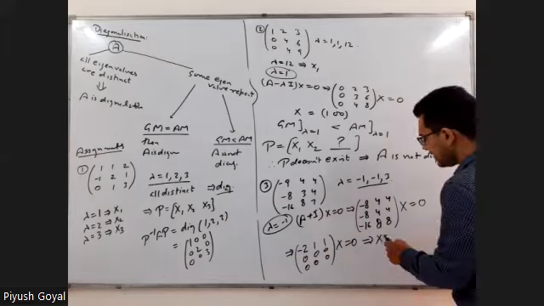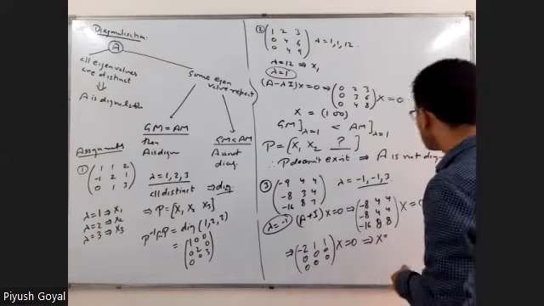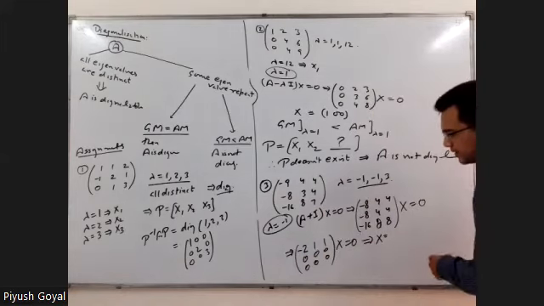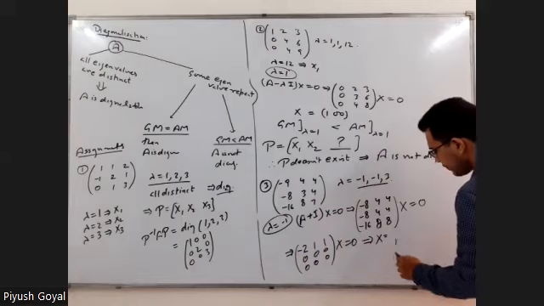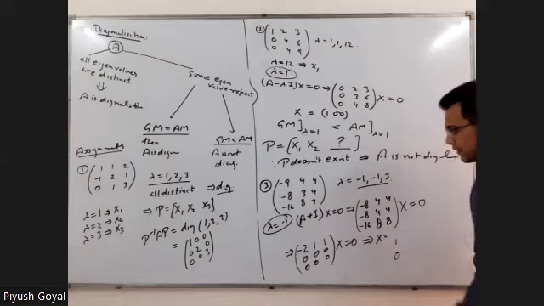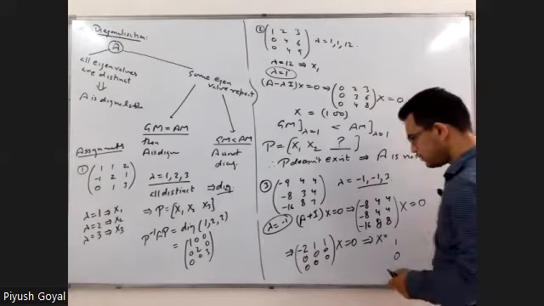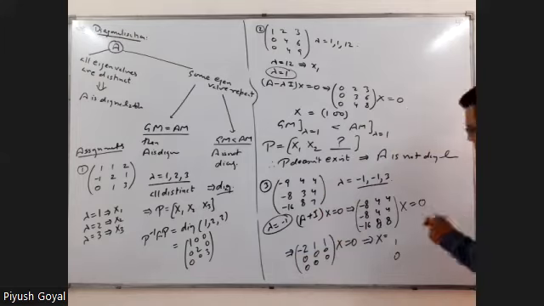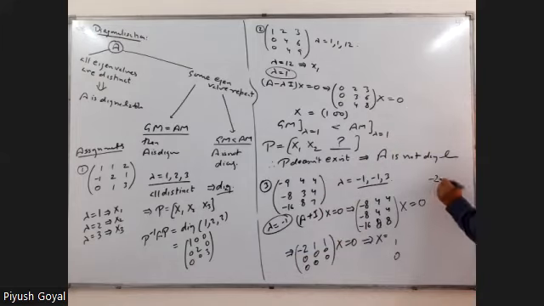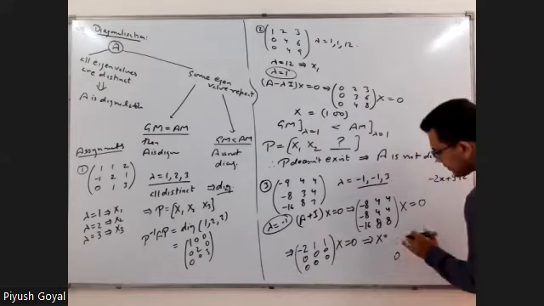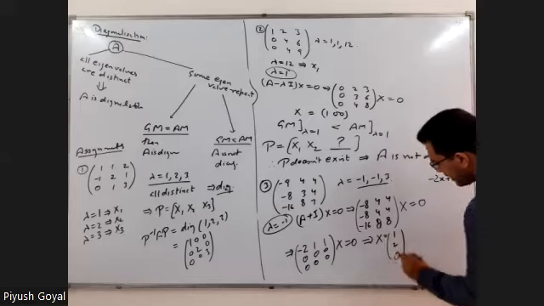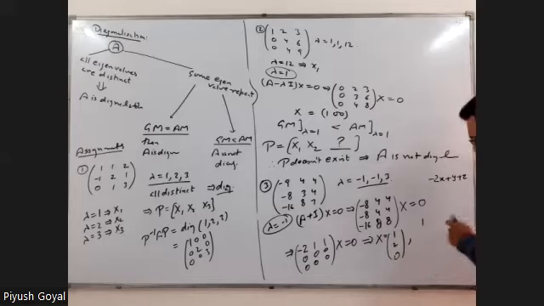I can directly write the solutions: minus 2x plus y plus z equal to 0, so the solutions are 1, 0, 2 and 0, 1, 2. These two will be the solutions.